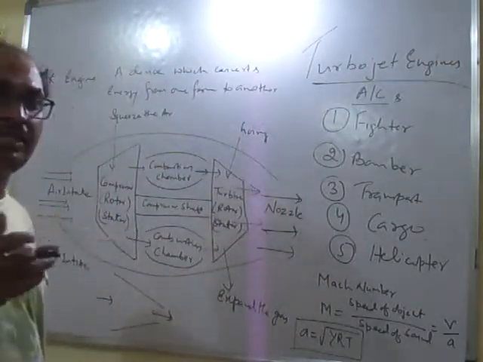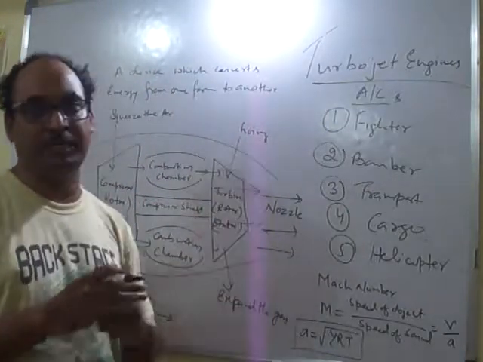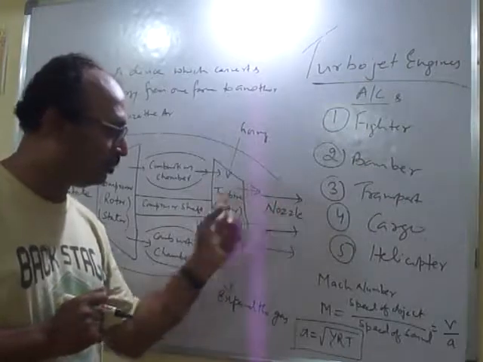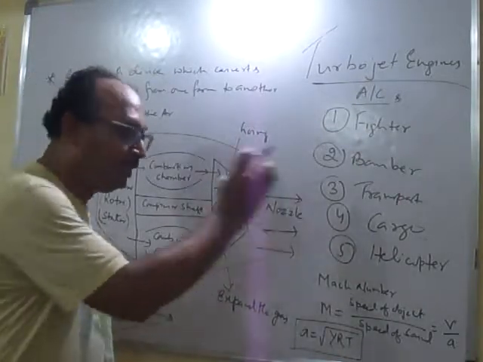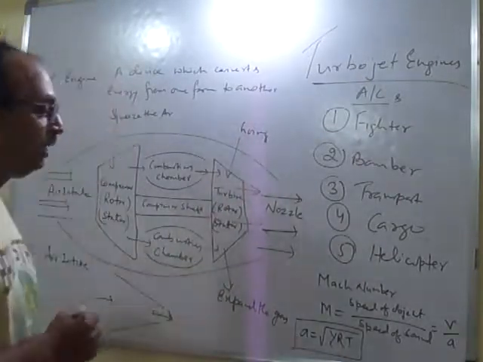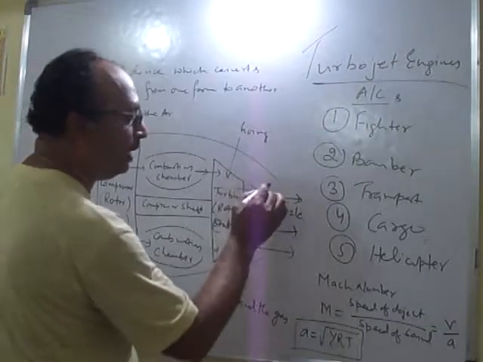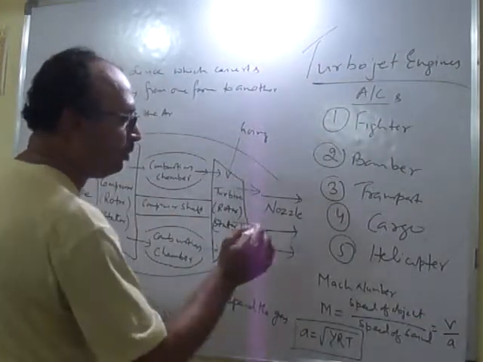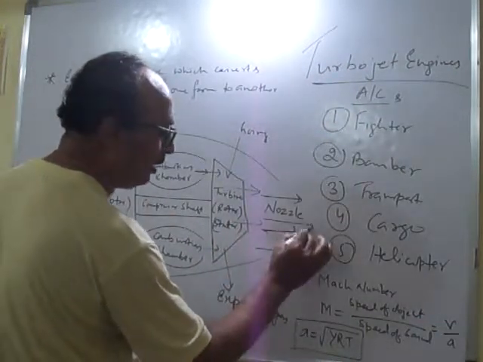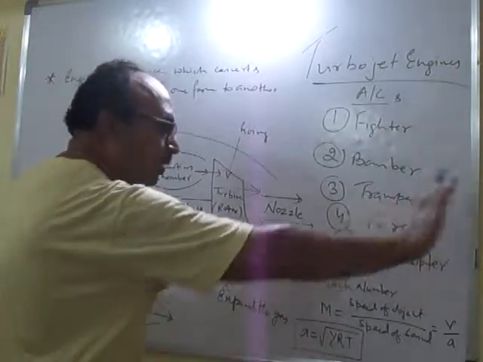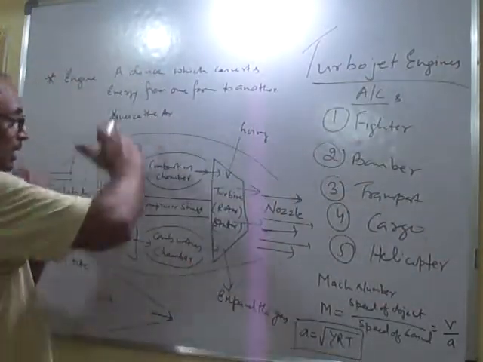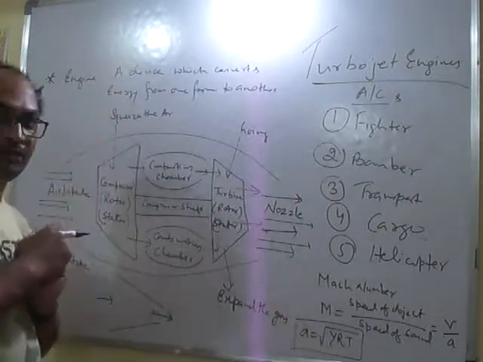The convergent divergent nozzle is used in supersonic aircraft. Again the air moves out at very high velocity. As I told you yesterday about Newton's third law, the action is that the hot exhaust gases move in this fashion, and this is the engine fitted on the aircraft.